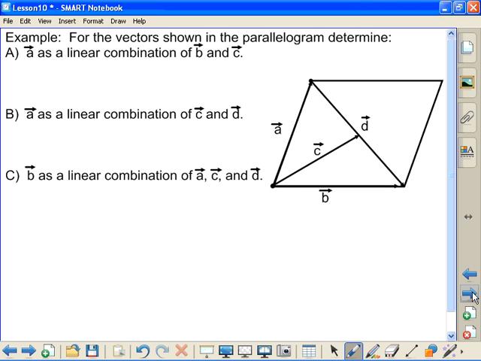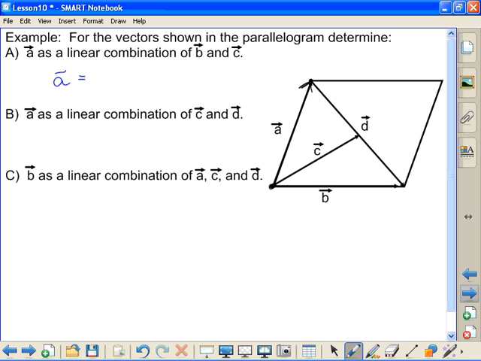Okay, for the vectors shown in the parallelogram, determine A as a linear combination of B and C. So I've got to just emphasize, here's the tail, here's the head of A. So I want to find some linear combination of A using the vectors B and C. So how does that work?